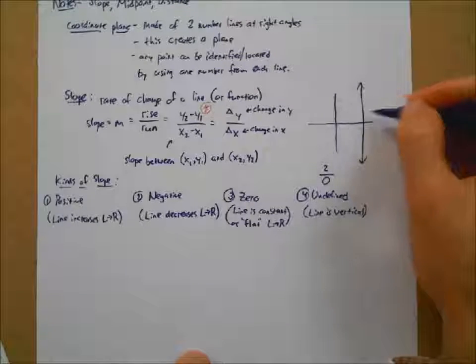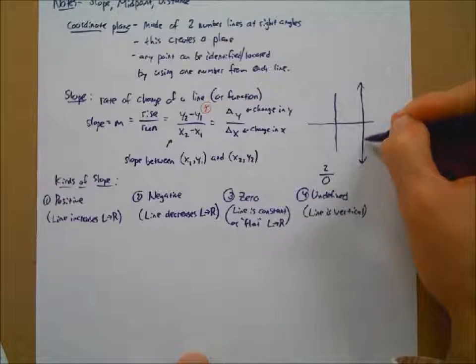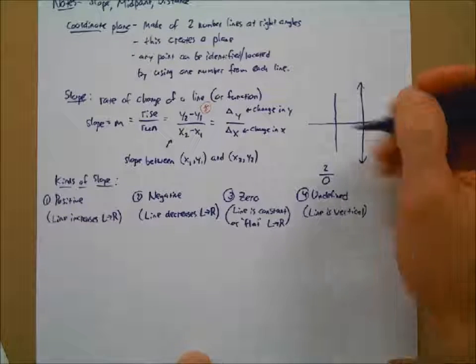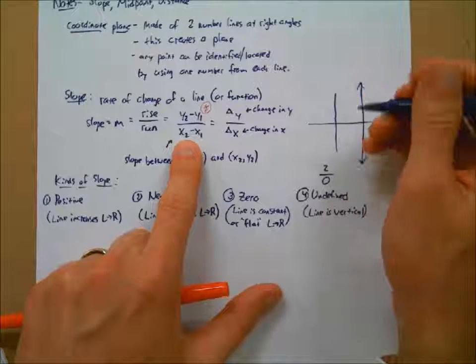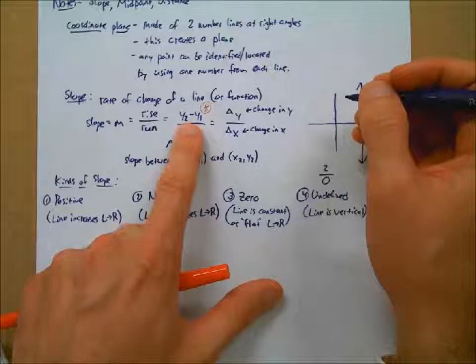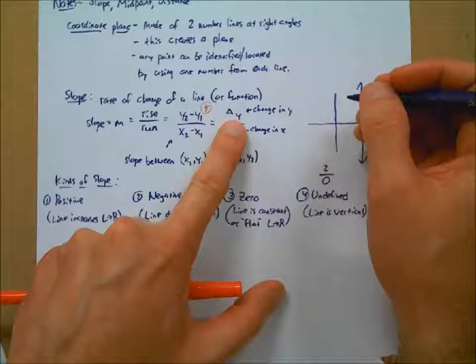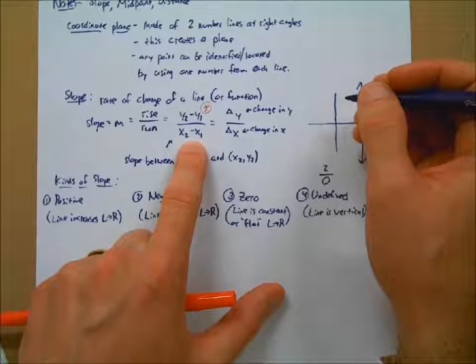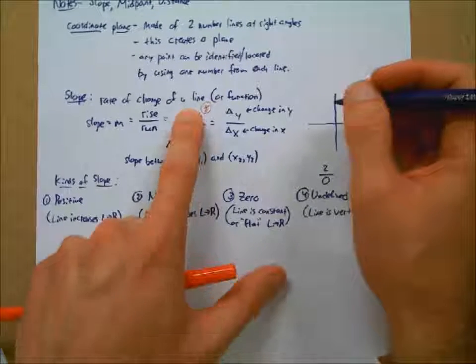So every coordinate along here is going to have the same x-coordinate. Different y-coordinates, but the same x-coordinate. Now, if we go to our slope formula here, if the y-coordinates are different, we'll subtract them and we'll get some number up top, right? But if the x-coordinates are the same and you subtract them, what number are you going to get on the bottom? 0, right? So you have a number over 0 that's undefined.